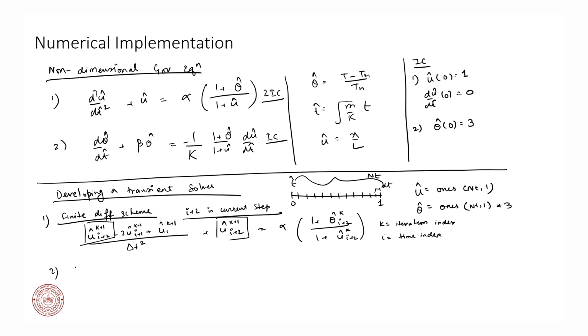Likewise, for equation 2, we can again implement finite difference: theta hat of i plus 1 minus theta hat of i divided by delta t, plus beta theta hat of i plus 1, equals minus 1 by k, 1 plus theta hat of i plus 1 over 1 plus u hat of i plus 1, into du hat by dt at i plus 1.